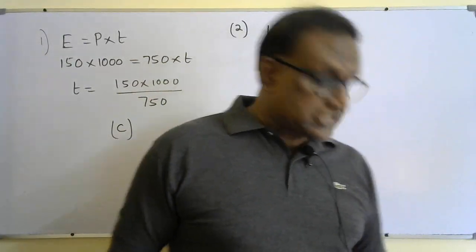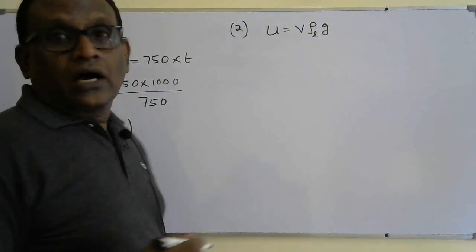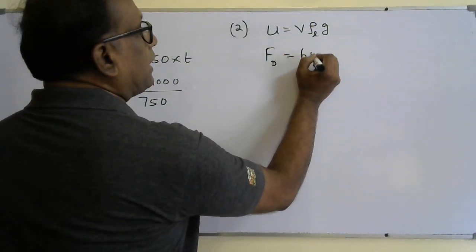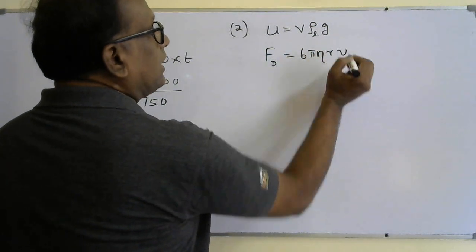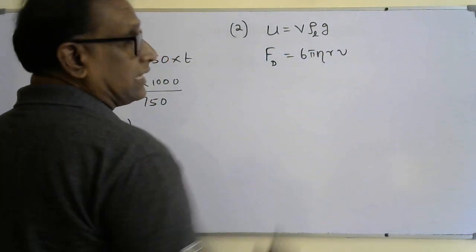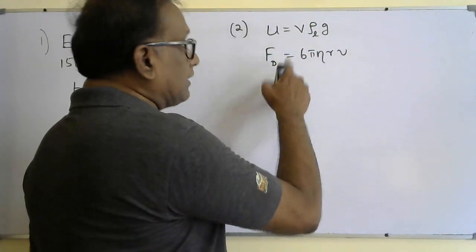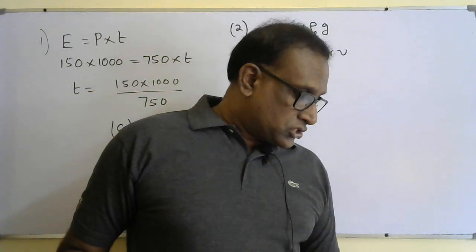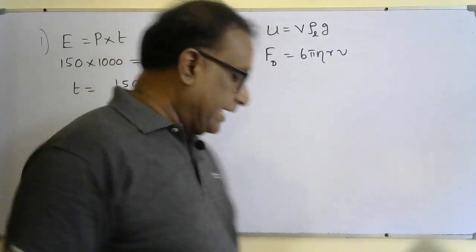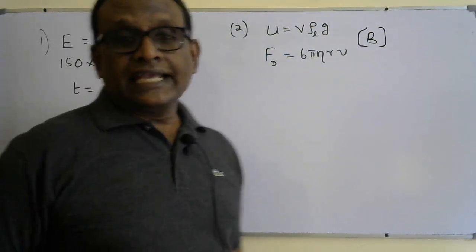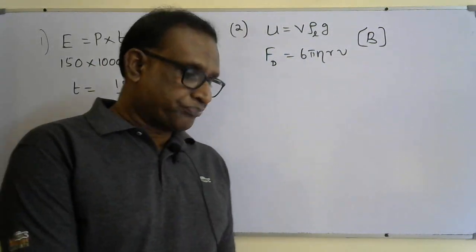According to Stokes' law, the viscous drag force is given by 6 pi eta r v. So when the speed increases, the drag force will increase. Here, no change in upthrust, and the drag force will increase. So the correct answer is B, constant and increase, for question number 2.